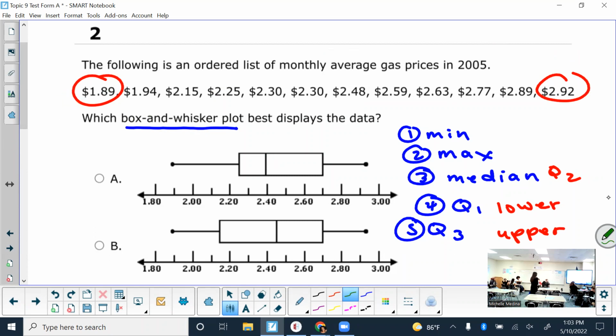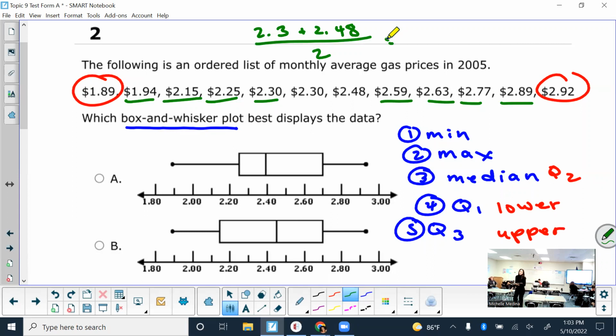And what's my median? Well, there's 2 numbers in the middle. We need to take the average of them. What's 2.3 plus 2.48 divided by 2? 4.78 divided by 2 is 2.39.